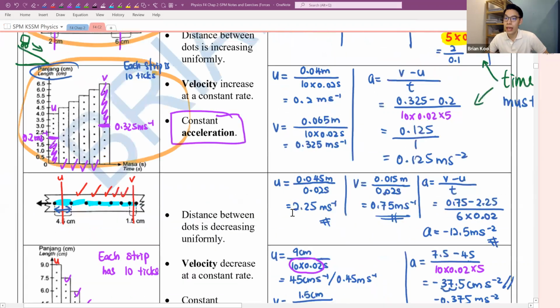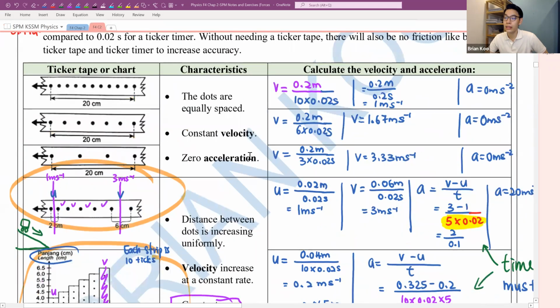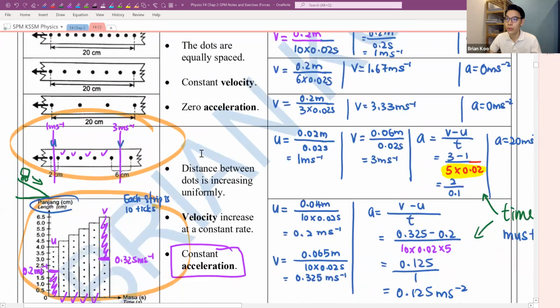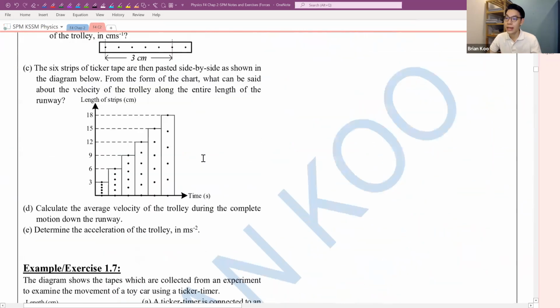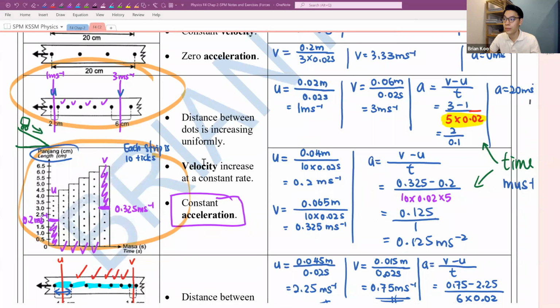So you can see in this big table here, it's quite similar to which one? Then you can describe.